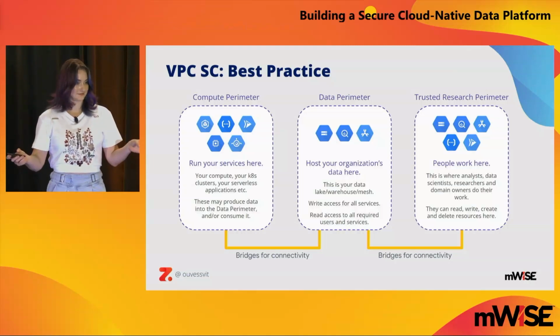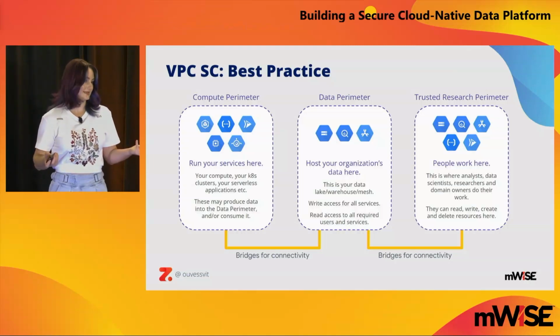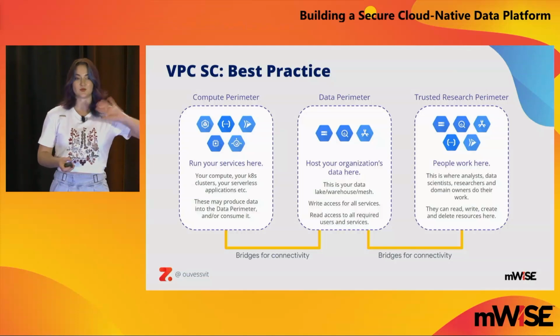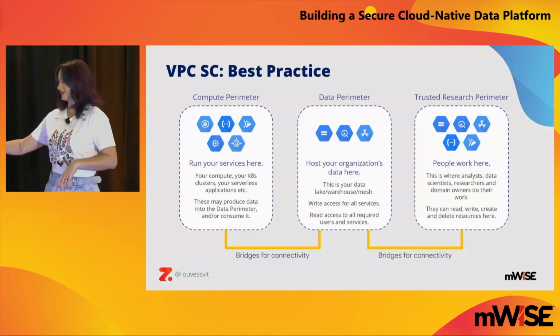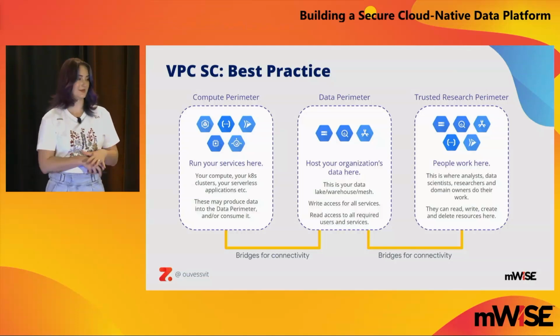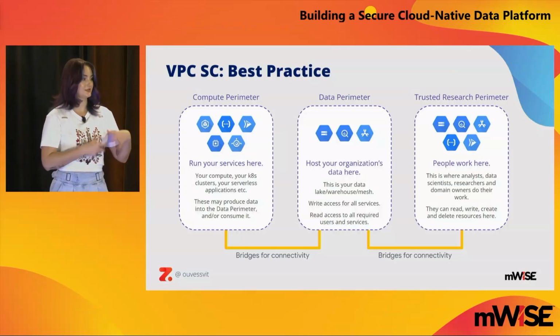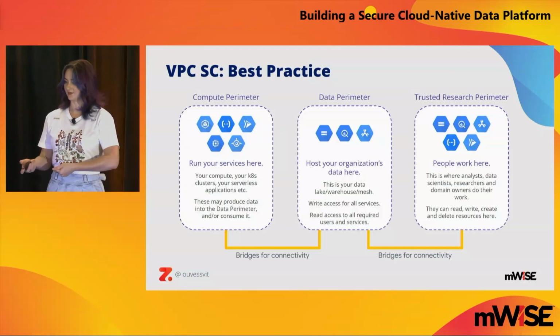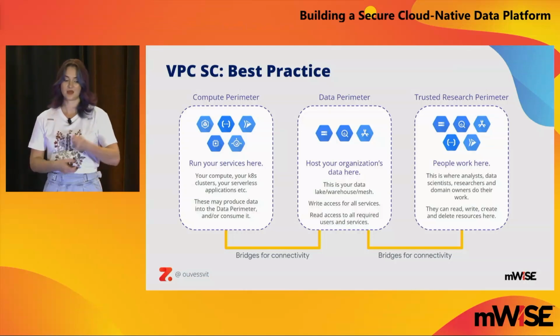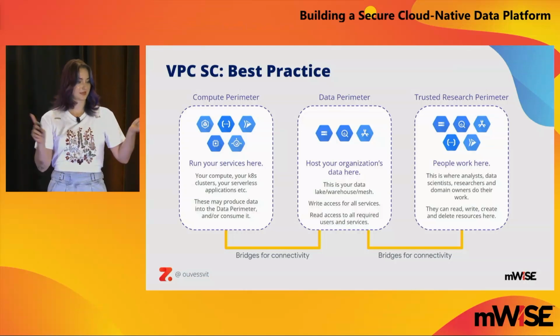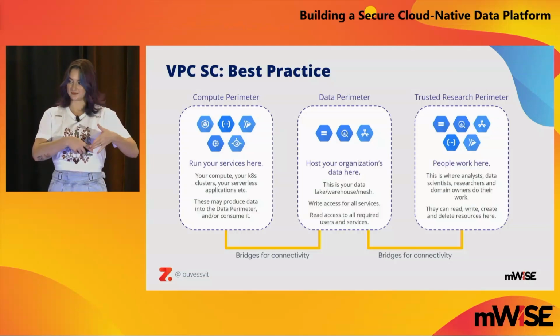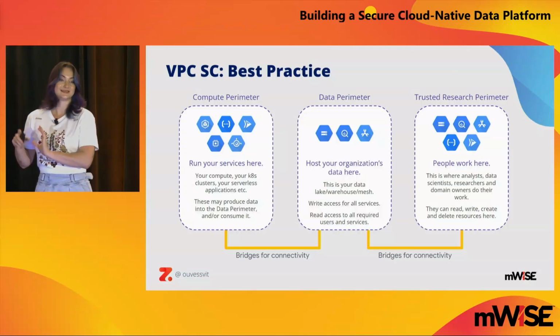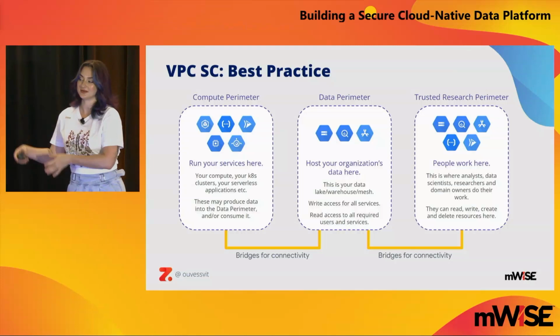The best practice, you don't have to do this, but it's the best practice, is to separate your compute from your data from your research space. What do I mean by that? Your microservices, your Kubernetes, your operational data stores, like databases that are required for the services to run, your event stream between services, you put them in one perimeter. And then you separate your data lake or your data warehouse into another perimeter.